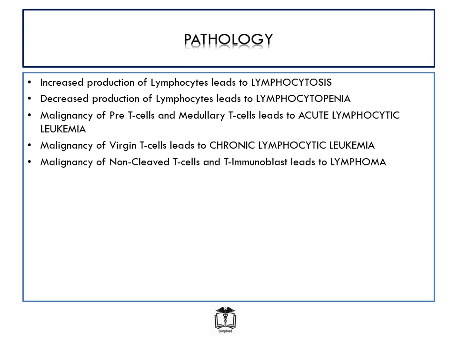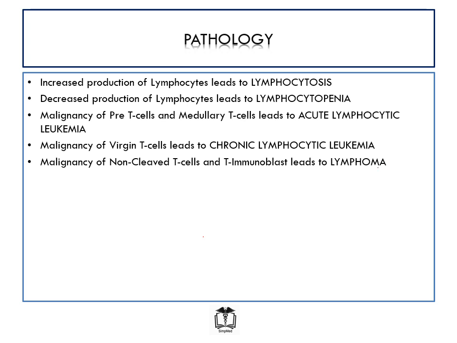Let's conclude this particular module by talking about the different forms of pathologies that could occur in T cell lymphopoiesis. We can have a problem with increased production of lymphocytes. This leads to a scenario we call lymphocytosis. We can have a decreased production of lymphocytes, which causes what we call lymphocytopenia. In case of malignancy of a pre-T cell and a medullary T cell, this leads to a form of leukemia we call acute lymphocytic leukemia.